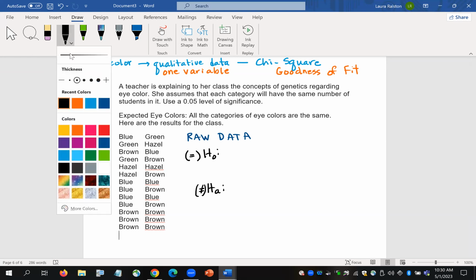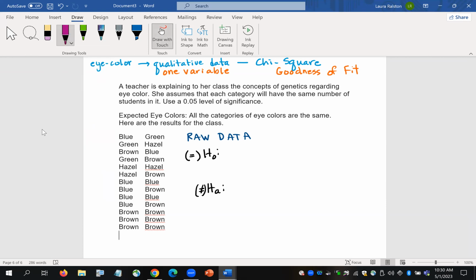So it kind of gives us this in two places because it says the teacher assumes each category will have the same number of students in it. And then it also repeats it when it's talking about the expected eye colors. So I can use the phrase, all the categories of eye colors are the same.